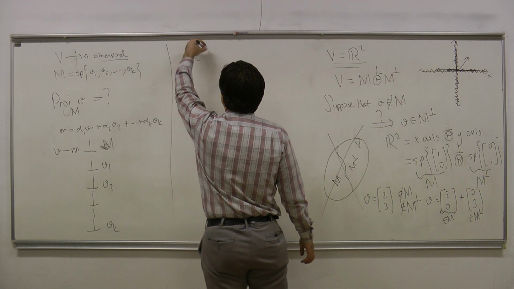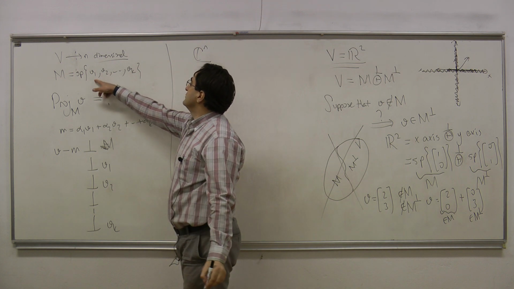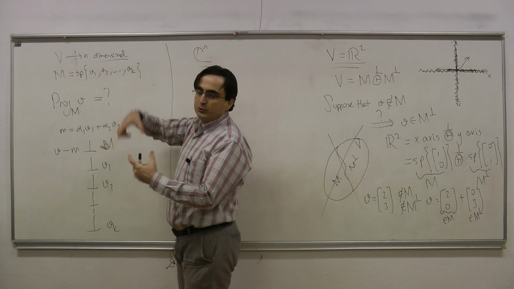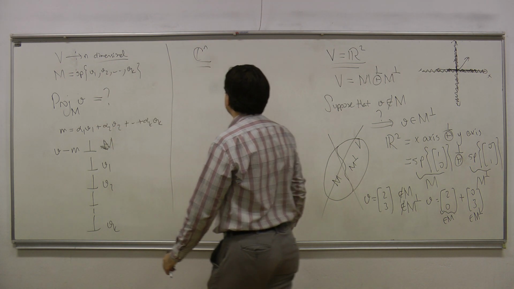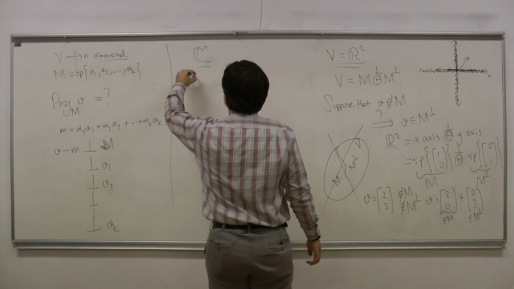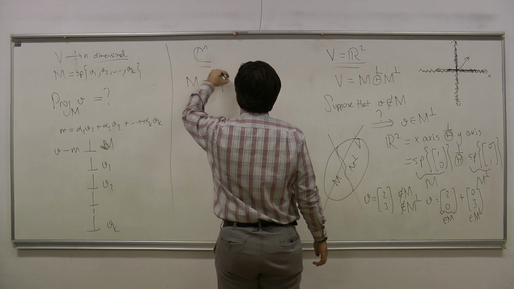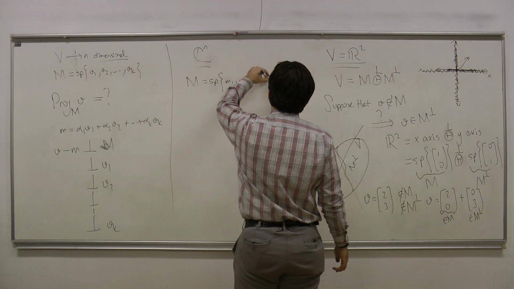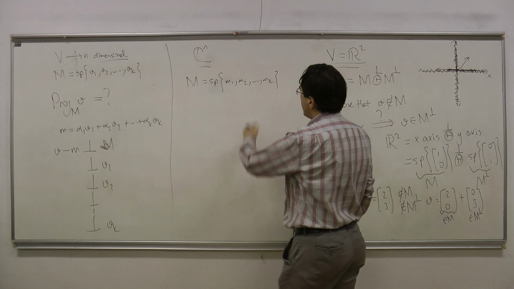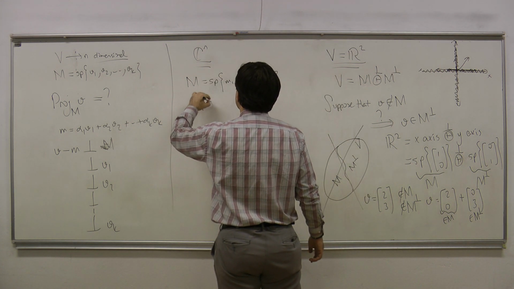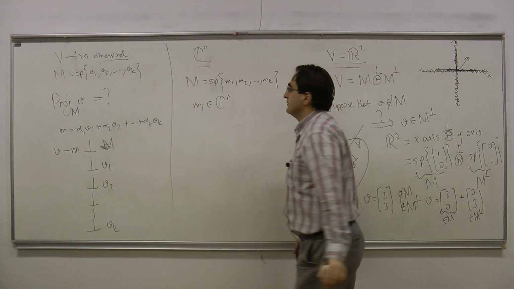Okay? In Cn, these are now not in a function space, but they are usual vectors. Okay? And in that case, you might have called this the span of, let us say, m1, m2 going until mk, and now these are vectors mi in Cn. Okay?